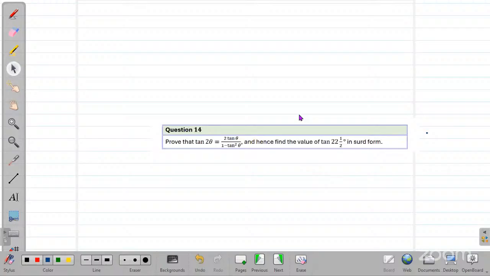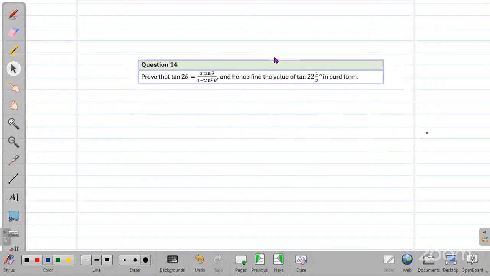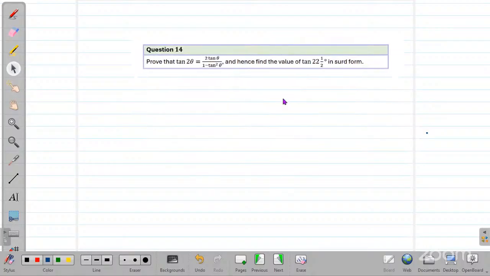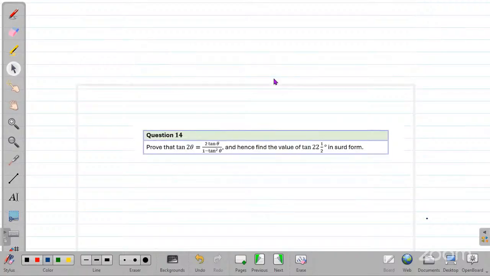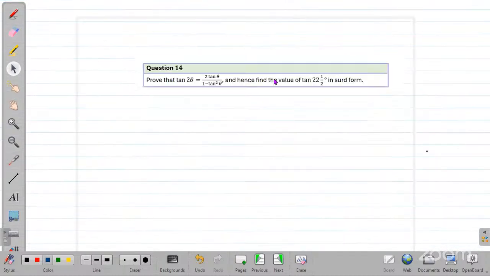So this is the question, right? We need to prove tan 2 theta equals 2 tan theta divided by 1 minus tan square theta. So tan 2 theta equals 2 tan theta divided by 1 minus tan square theta is what we have to prove.